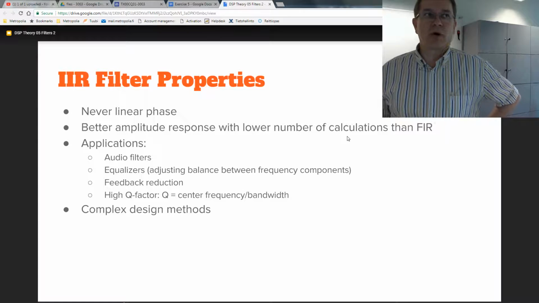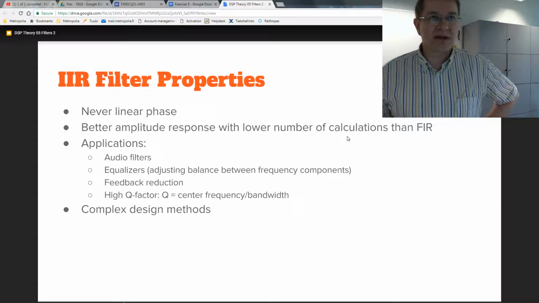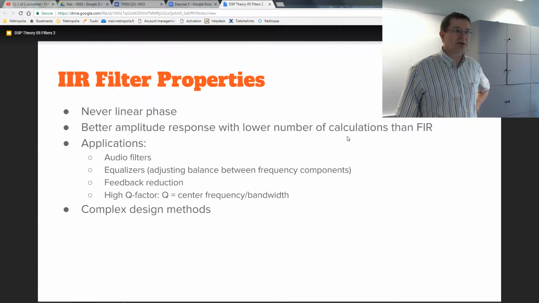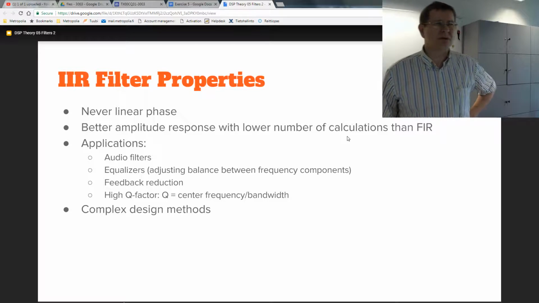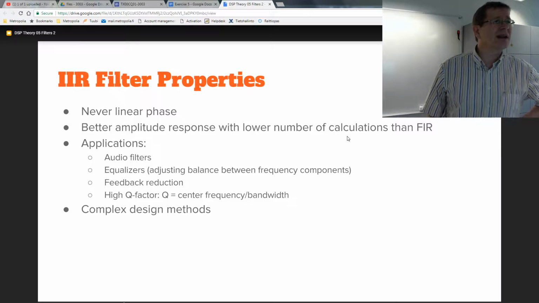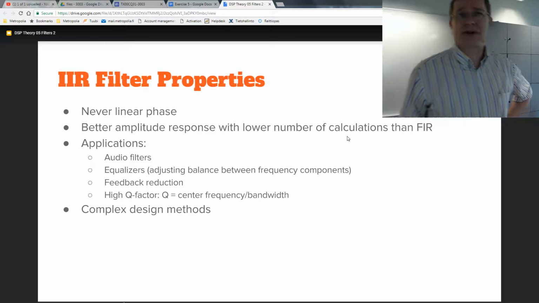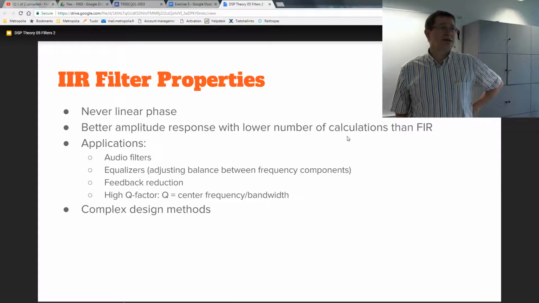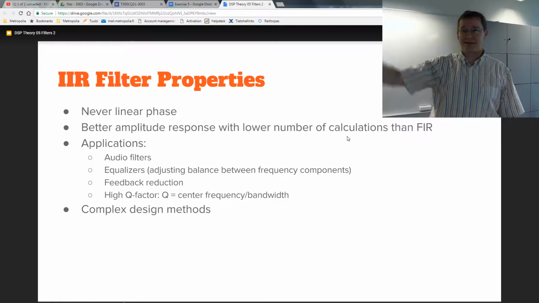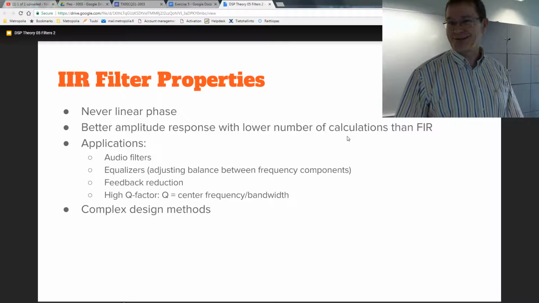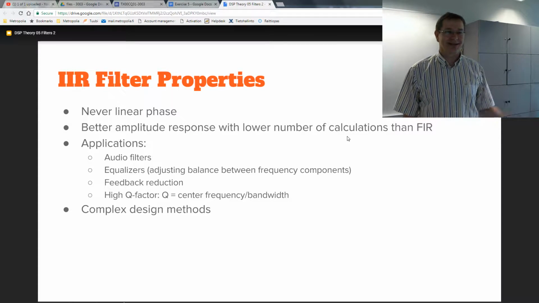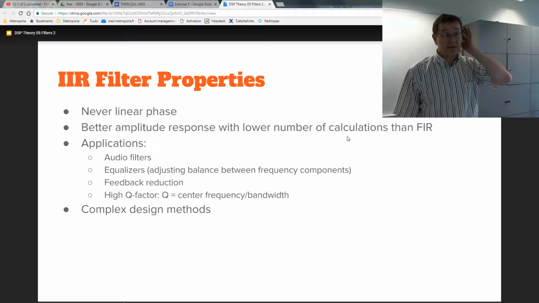For example, audio is an excellent example where you almost never use any FIR filters unless it's a special need. For example, sampling is easiest to do with the FIR, but otherwise you would do it with the IIR systems for several reasons.